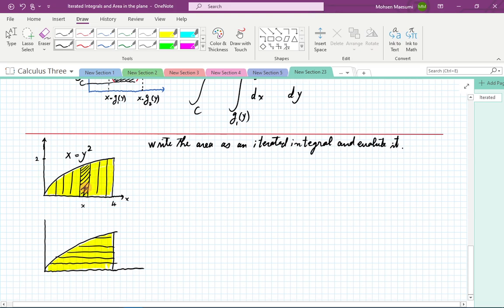Okay, so as I go up in this slice, to figure out how long the slice is, I am adding differentials of y. So it's dy, my displacements are in the y direction. Well, I have to have a lower curve at which I start and a higher curve at which I end. In this case I am starting at y equal to 0.